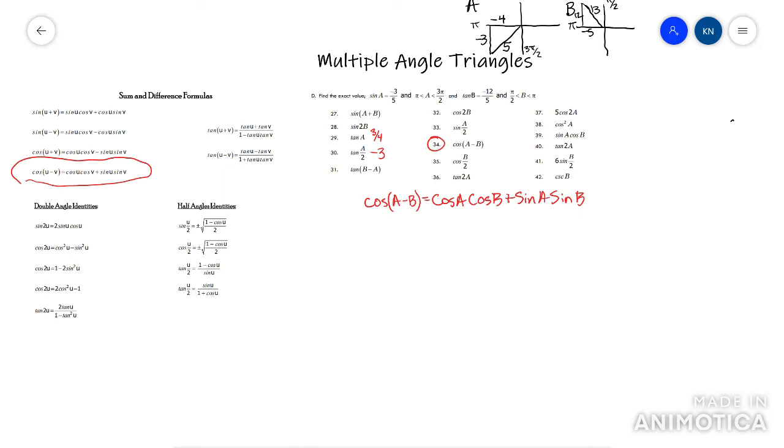So cosine A would be x over r for triangle A, so -4/5, times cosine B would be x over r here, so that's -5/13. Sine A would be -3/5. Sine B would be 12 over 13.